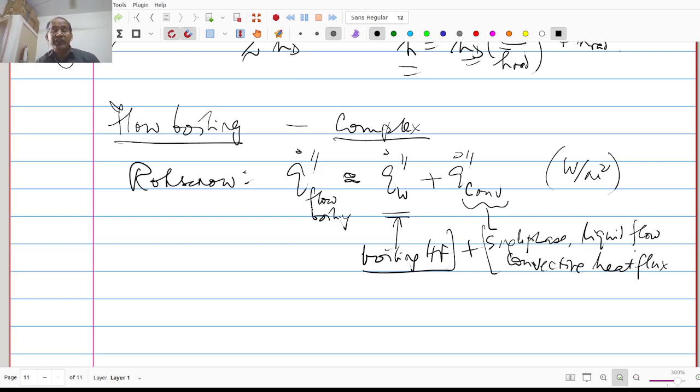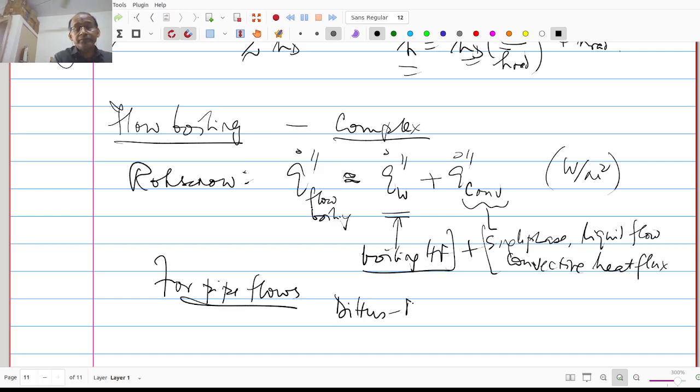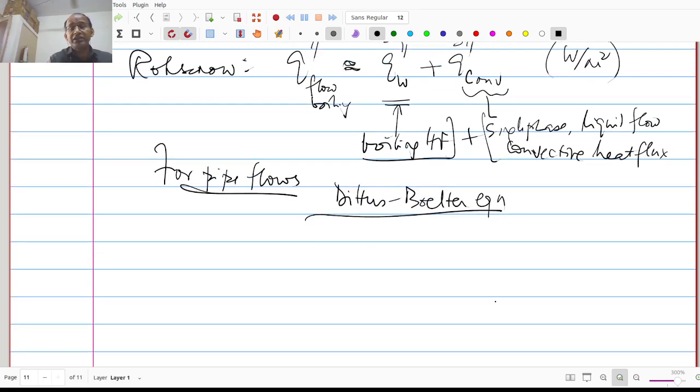due to convection. So Rohsenow argued that it gives a reasonable approximation for various flow boiling configurations. And for pipe flows, in calculating Q dot convection, you use the Dittus-Boelter equation. We had derived this sometime back when we were looking at internal turbulent flows.